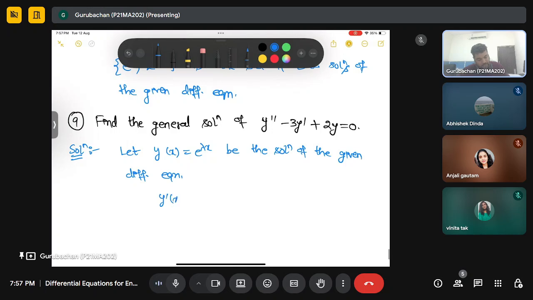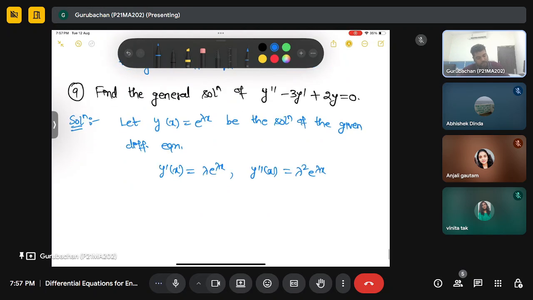So then phi dash x will be lambda e to the lambda x, and phi double dash x will be lambda square e to the lambda x. If you put this into the equation, this will be lambda square minus 3 lambda plus 2 times e to the power lambda x.